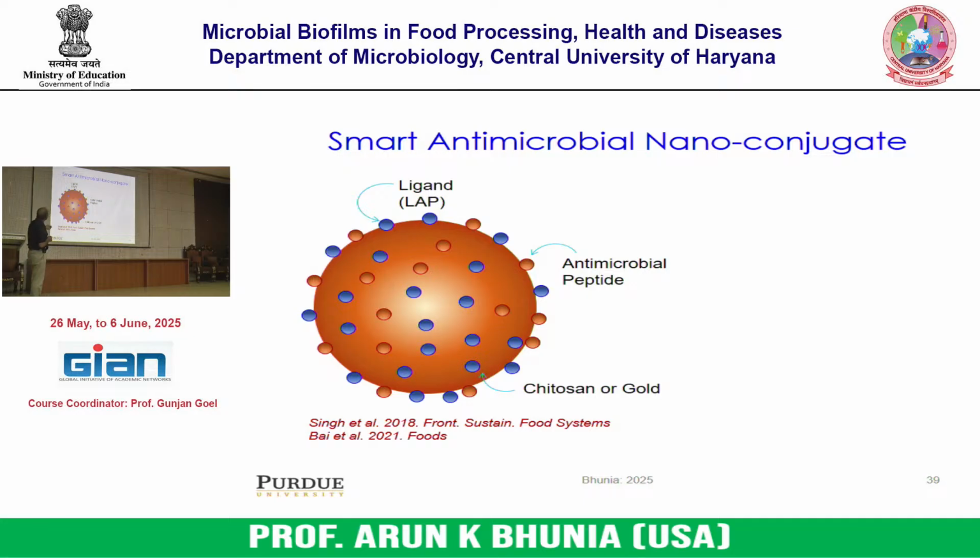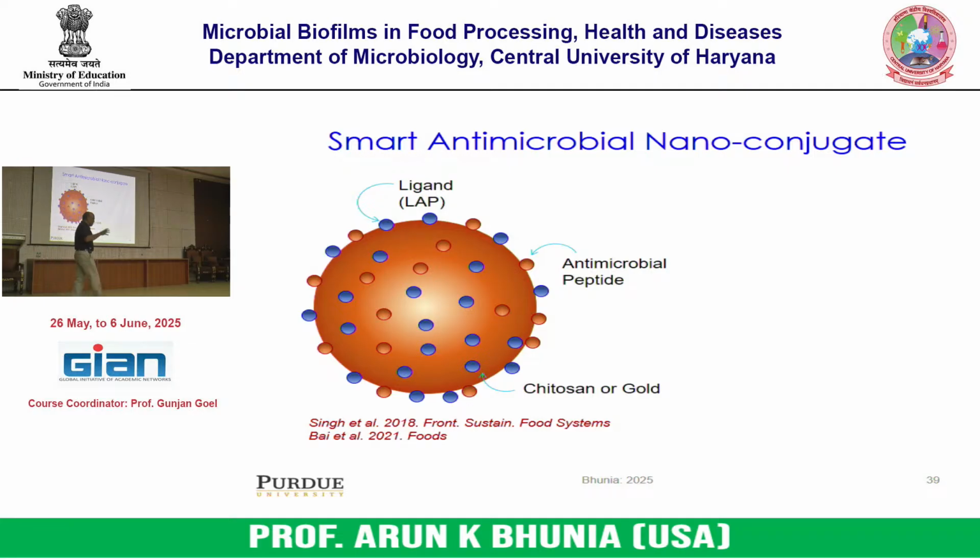So in this case, you design a chitosan based nanoparticle. Chitosan comes from shrimp or crab, where there's a large amount of carbohydrate, right? People are finding a lot of use of it, a lot of medical applications.